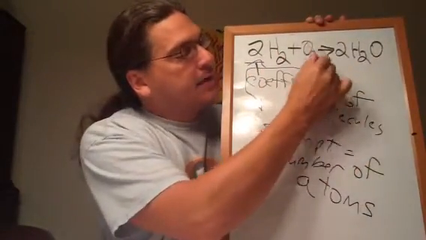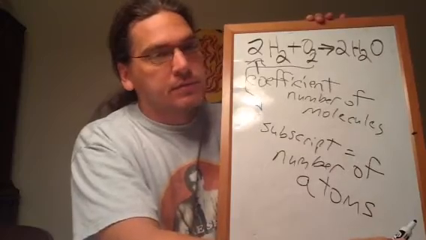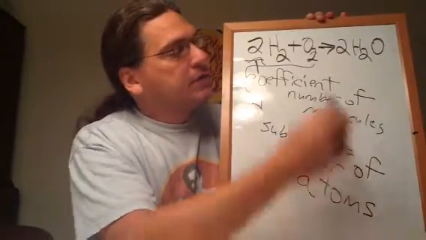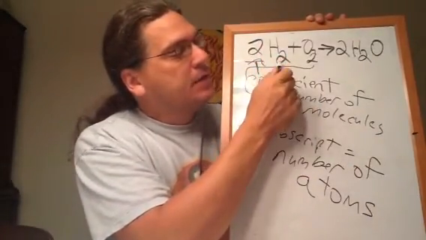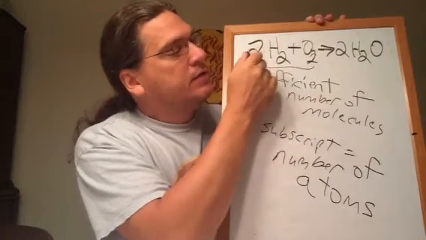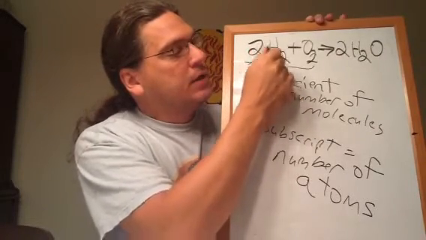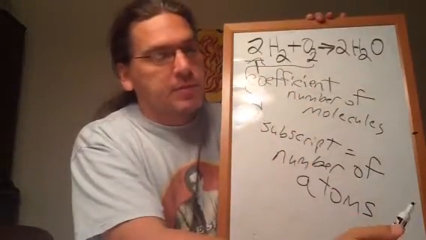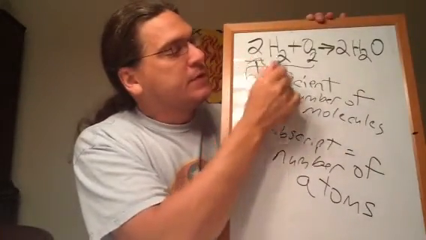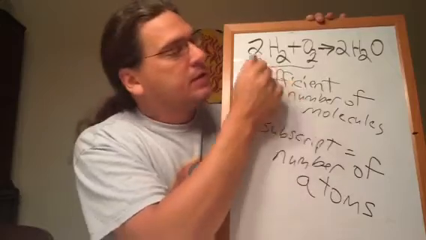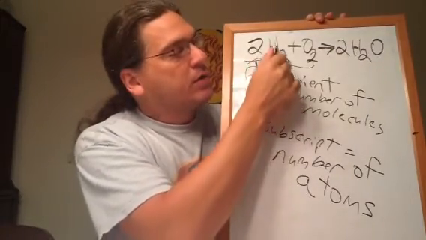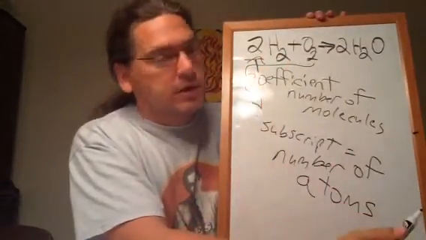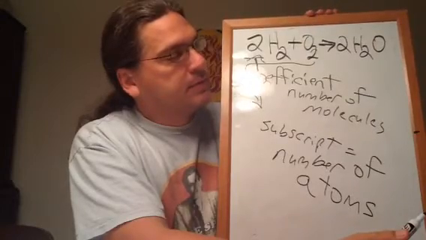There are 2 atoms of oxygen there. And not to confuse anything, there's 2 atoms of hydrogen here, 2 molecules of hydrogen. So when totaling it up, if you multiply the coefficient times the subscript, you know that there are 4 atoms total of hydrogen on that side. Okay.